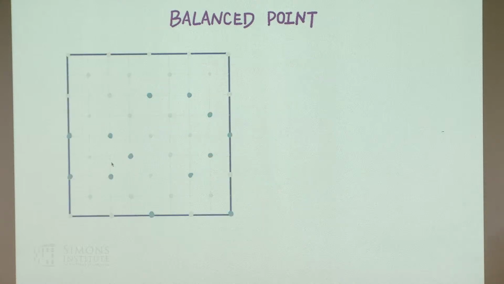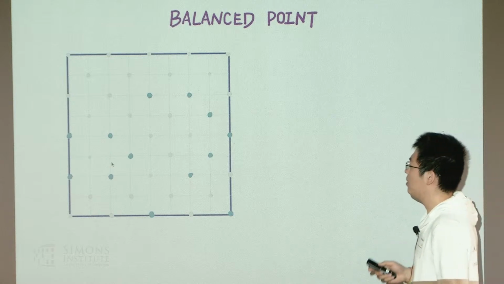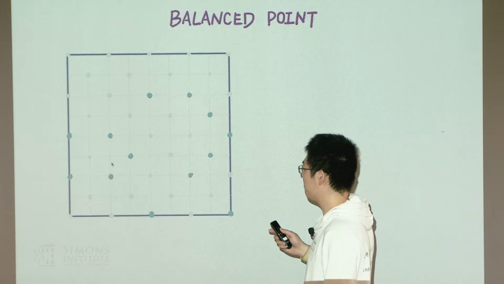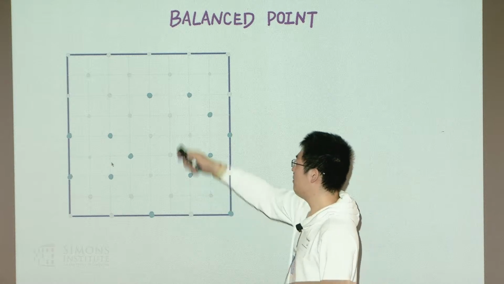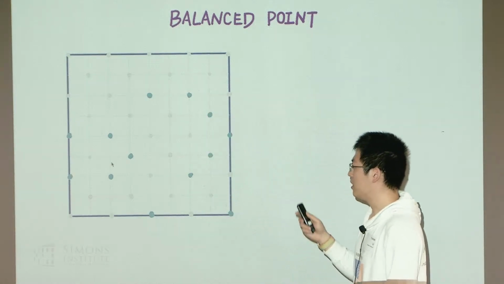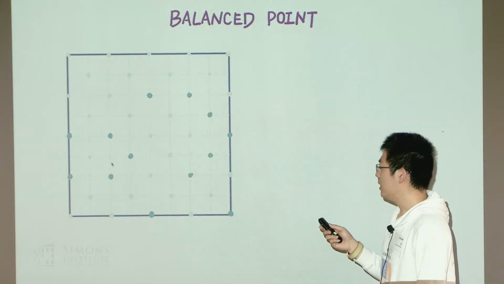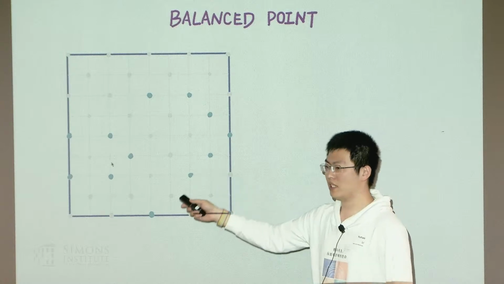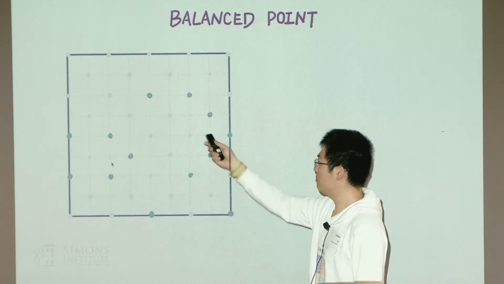So one technical part that we need to show is that there always exists a next point we need to query. Let's call it a center or balanced point in our paper. The balanced point is a combinatorial definition. Say we have a discrete grid, and you can pick an arbitrary subset of the points, say these blue points.